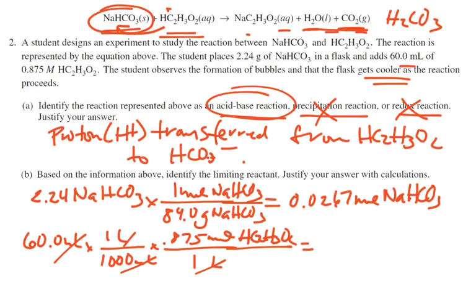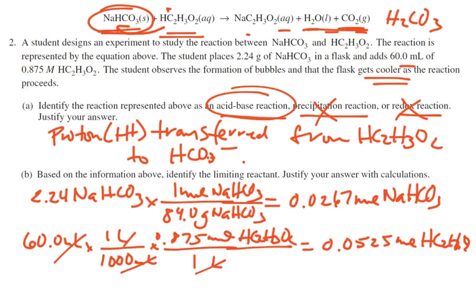And if I do all this, so 60 divided by 1,000 times 0.875, we get 0.0525 moles of acetic acid.